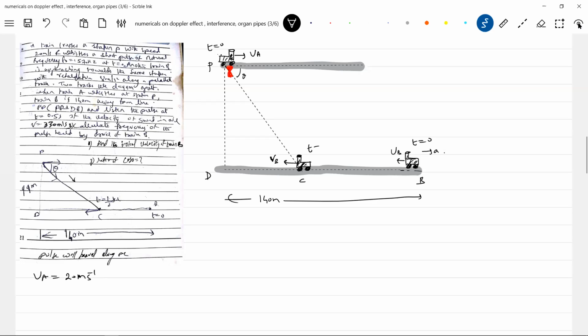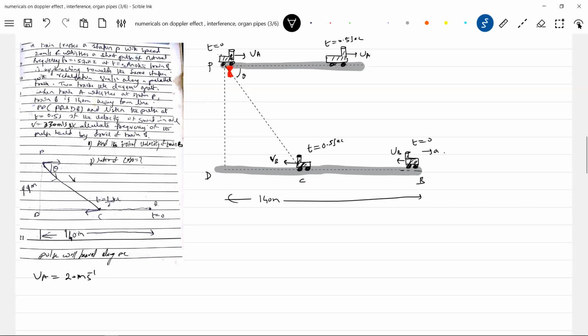And this happens at what time? 0.5. Train A will be somewhere here, we are not bothered about its position. It crosses, I don't know what its velocity is, no information is available. This is at t equal to 0.